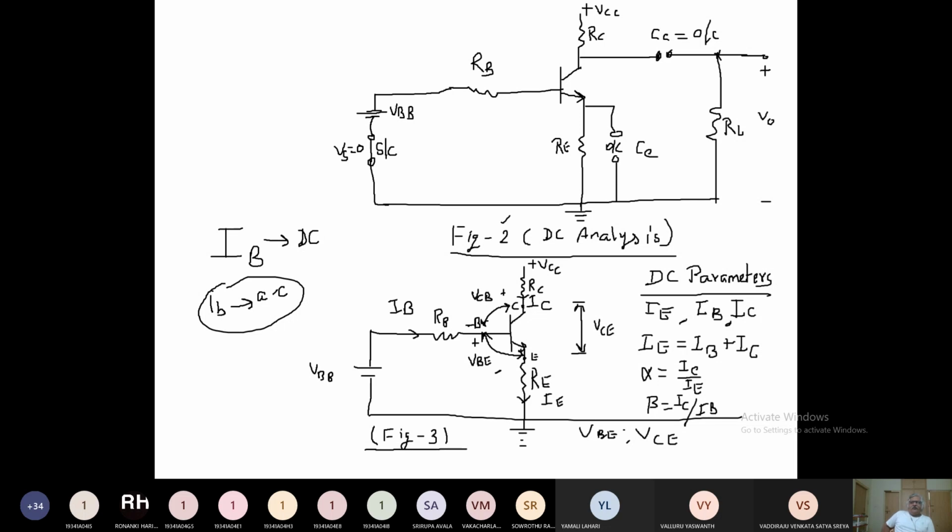So figure number 3 will be there, and DC analysis means the various parameters like IE, IB, IC, alpha, beta, VBE, VC, all these things we can calculate.